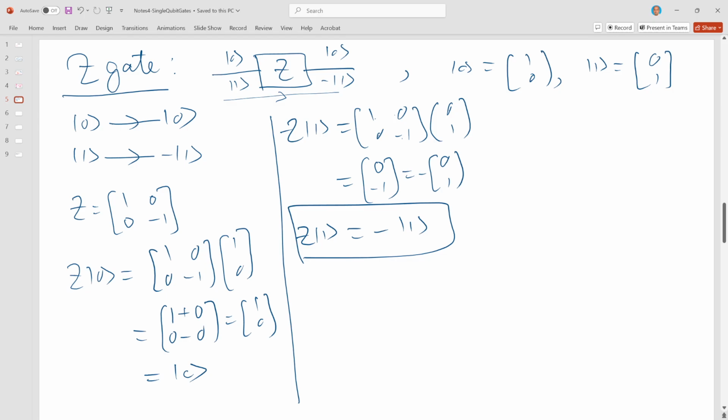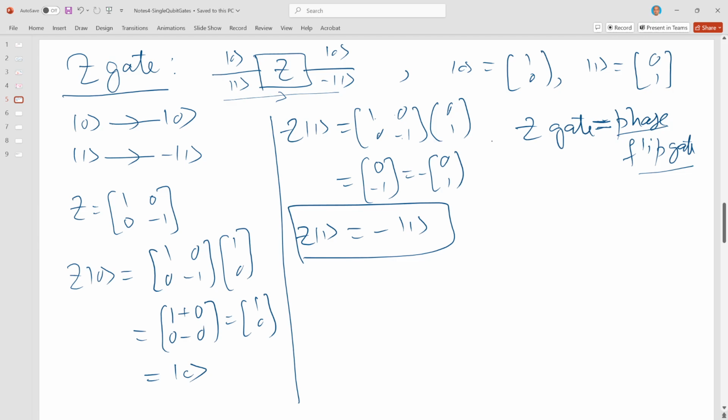That's why this Z gate is sometimes also called phase flip gate. But this name is actually a little bit misleading because it doesn't always flip the phase. This is the name that is common in literature, even though I think the better name would have been selective phase flip gate, because it doesn't do anything to 0. It doesn't flip the state of the 0 qubit, but it flips the phase, the sign, of the 1 state.